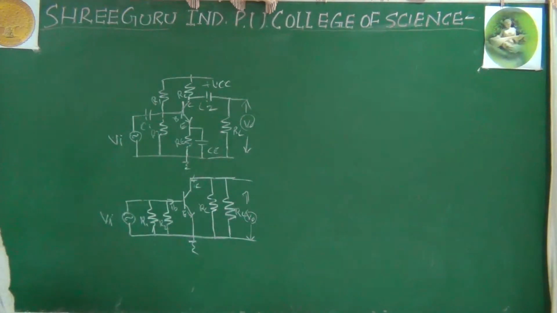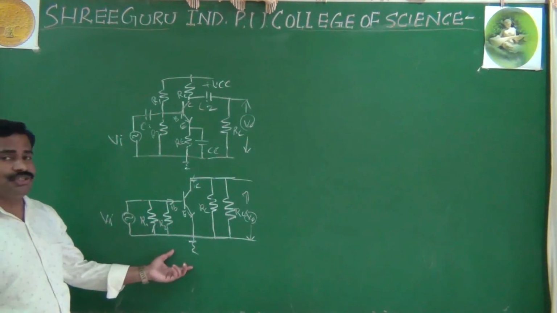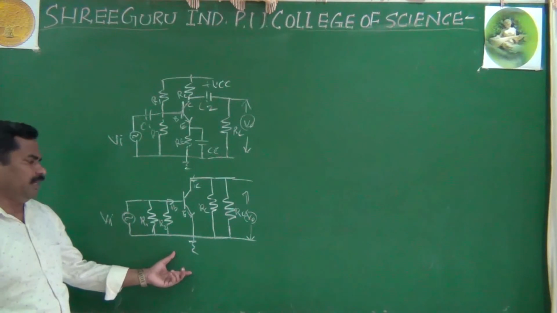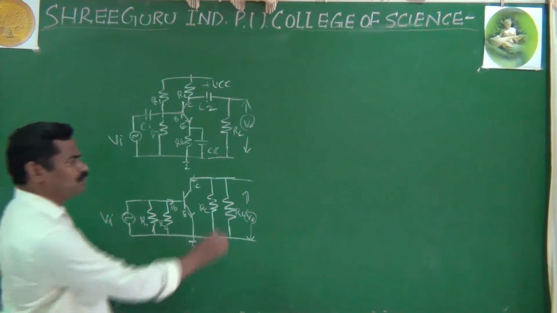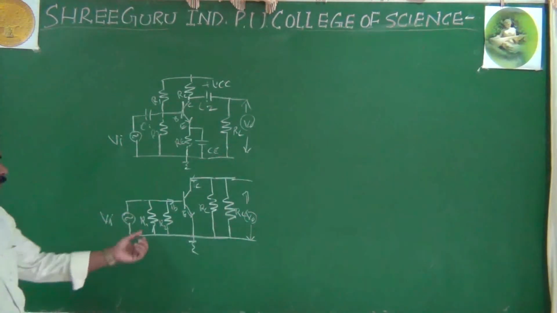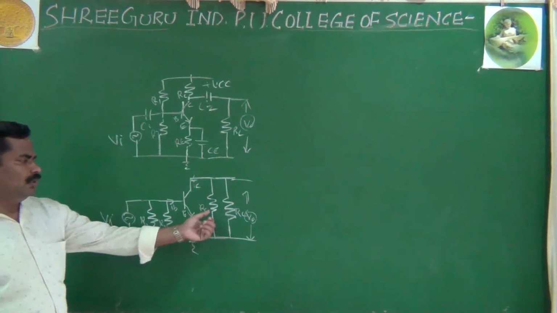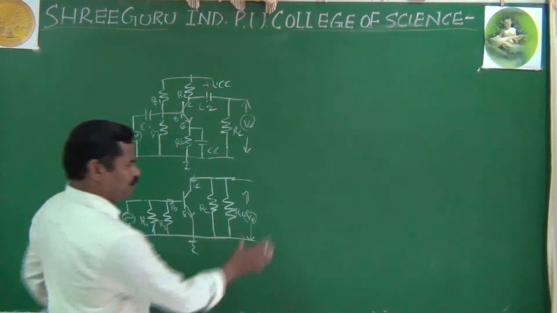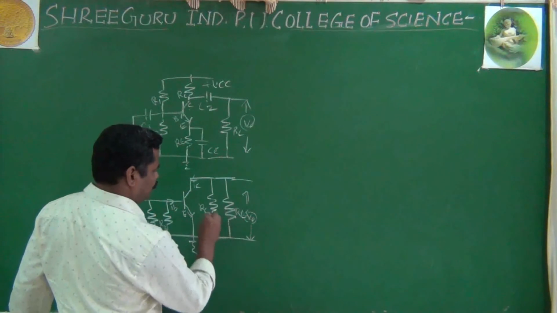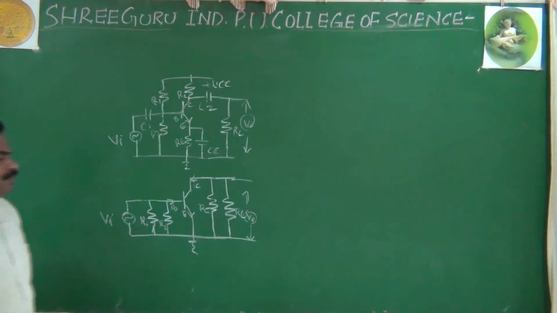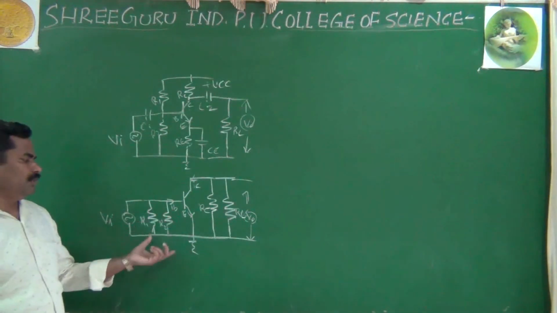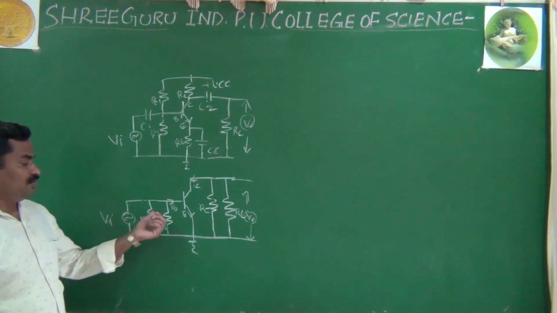Once again you can simplify this using simple electronics knowledge. R1, R2 are in parallel, and RC and RL are in parallel, and each pair will make a single resistance.